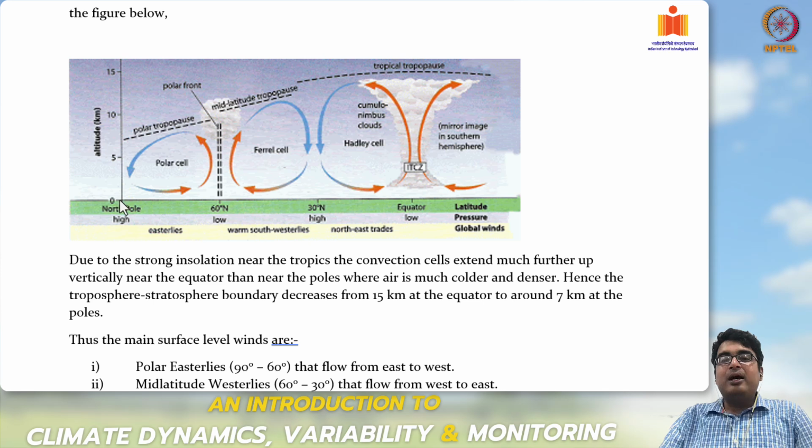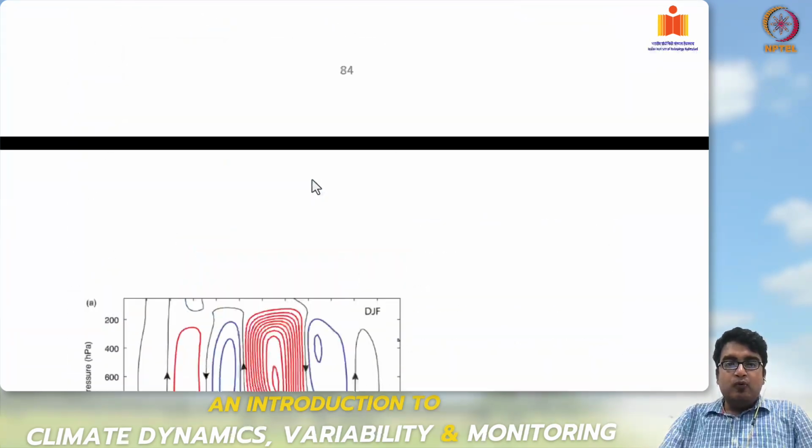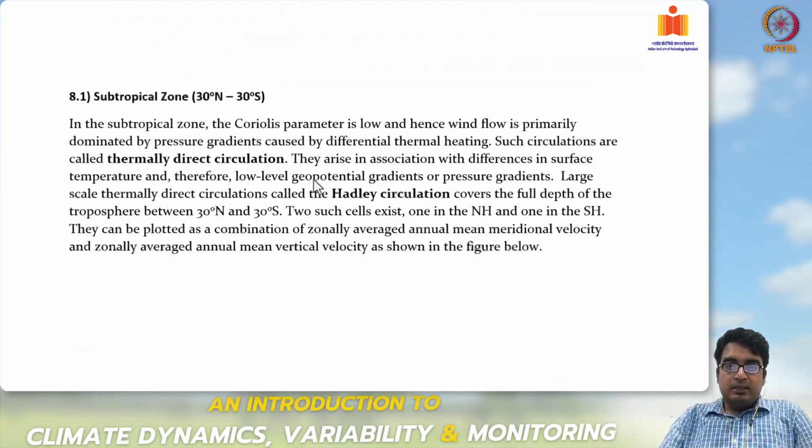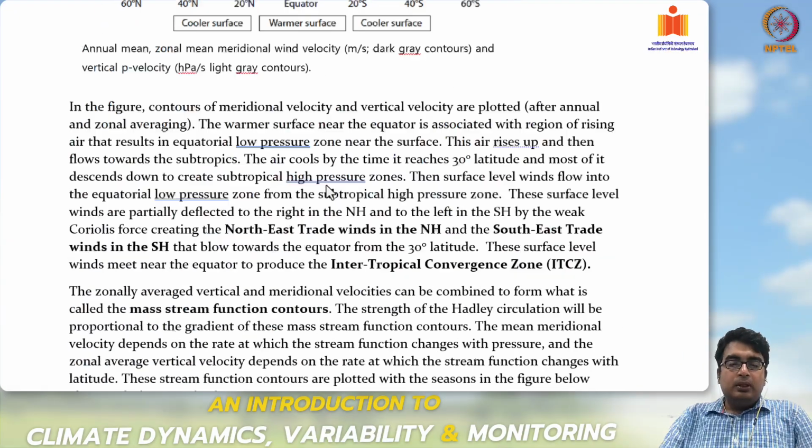And these descend near the north pole and the south pole and become the surface level easterly winds that are moving towards the subpolar low pressure belts.